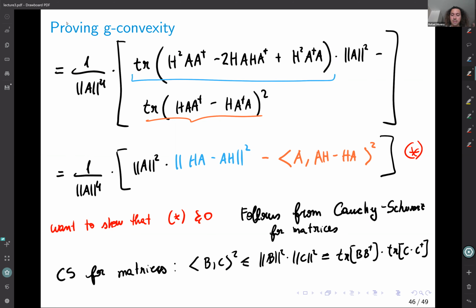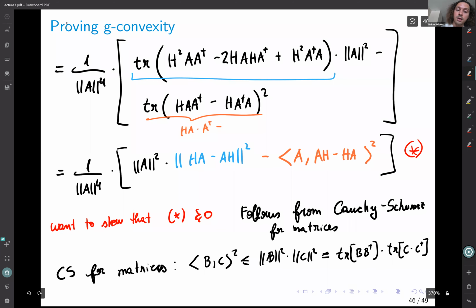And how can we see this? Well, let's just write what is in the middle here. We have HA times A dagger minus... let me write it the better way. We have AH minus HA.